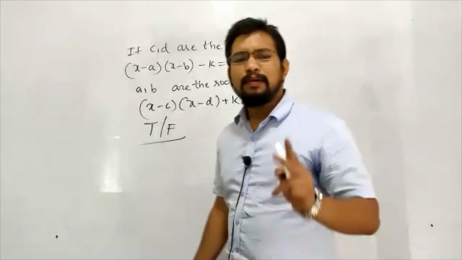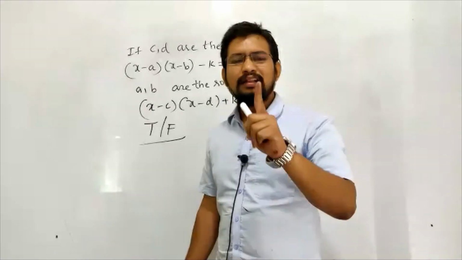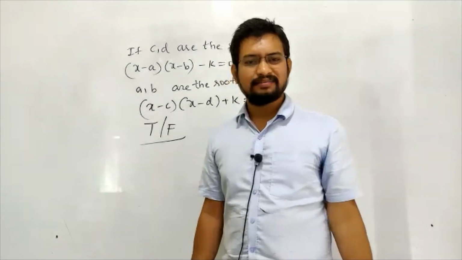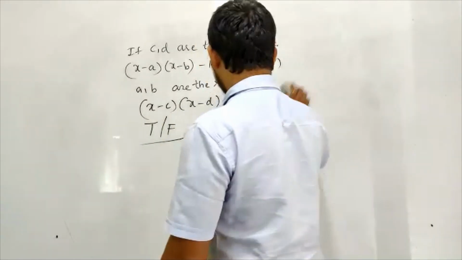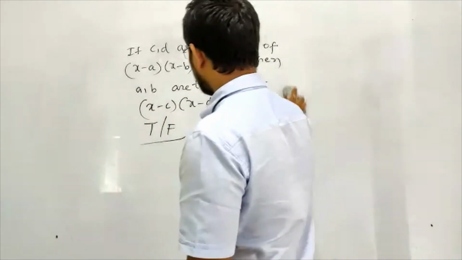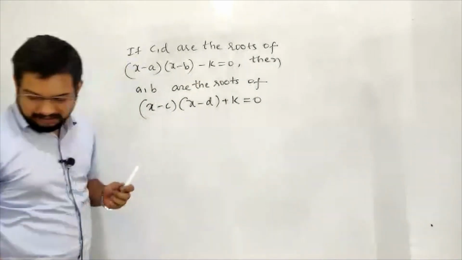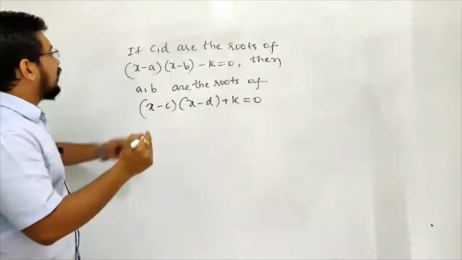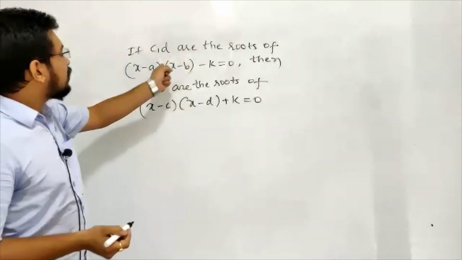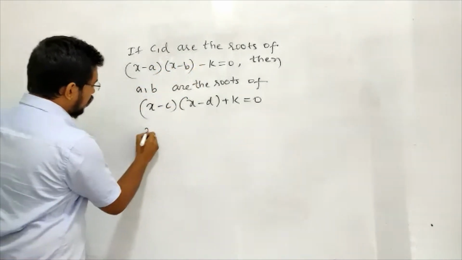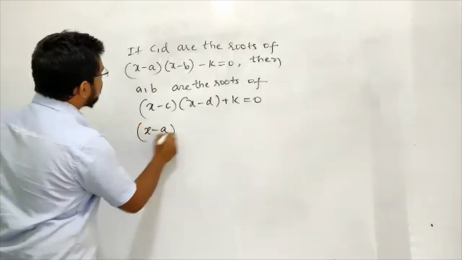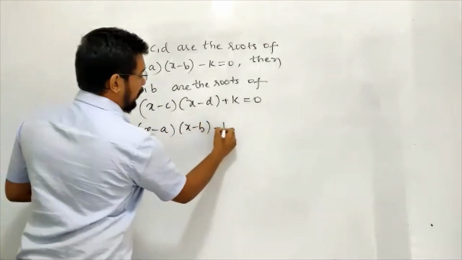It's a very simple logic here, the simple logic of writing some factor. Let's see this. I'll write (x minus a)(x minus b) minus k.